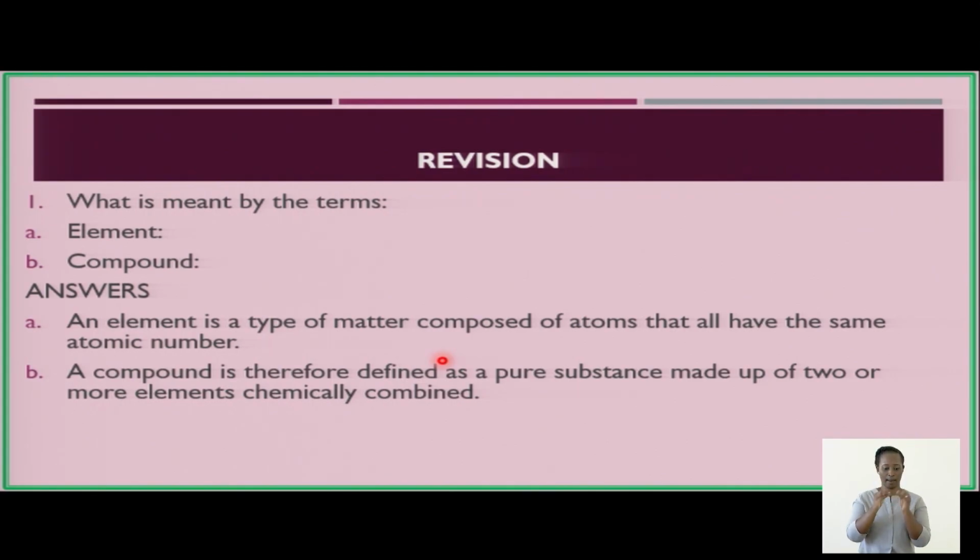For example, if we write the molecular formula of water, we find that there is hydrogen and oxygen. So in this case, we have a compound. And what is a compound? We said that it is a chemical combination of 2 or more atoms which come from different elements.